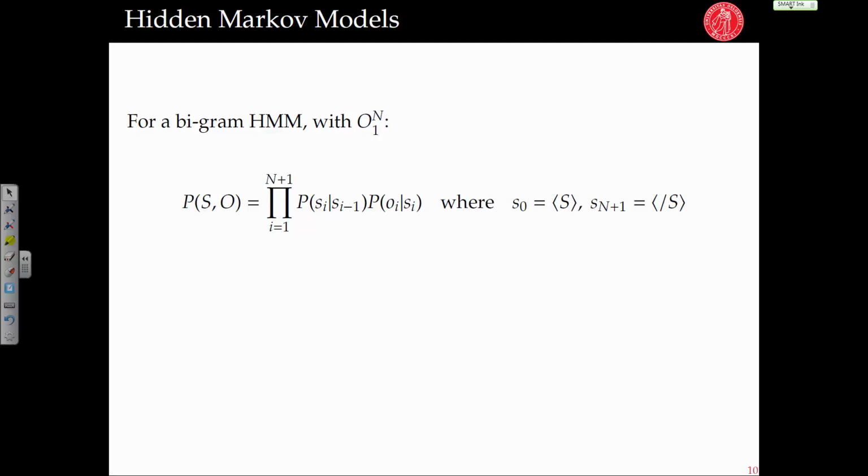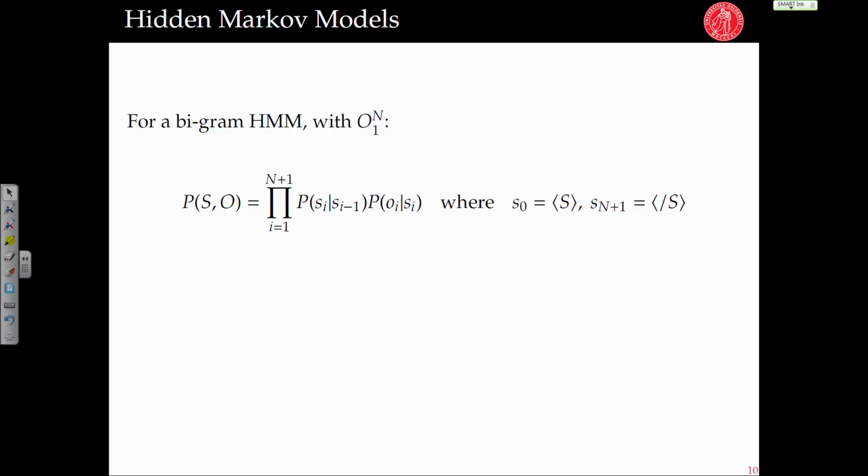For each time point i from 1 to n plus 1, we compute the probability of state S_i given state S_i minus 1, which is the horizontal arrows we saw in the previous slide, and the probability of the observation O_i given the current state S_i. And we take the product of all of these, of course, so this is a product sign for i from 1 to n plus 1.